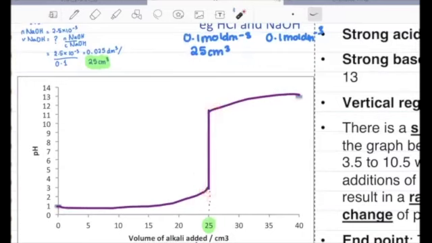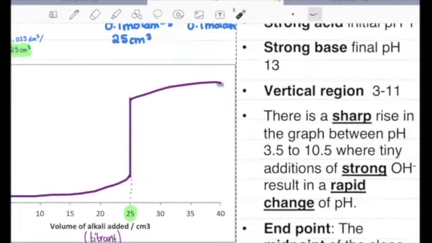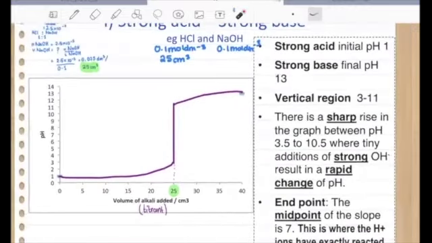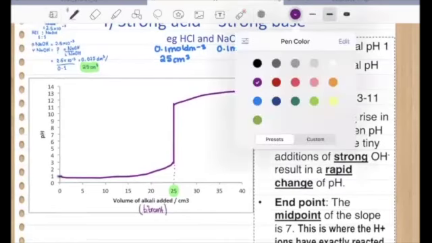Now, the equivalence point, as you all learned, is the midpoint between 3 and 11, the midpoint of the vertical region, and this happens to be pH 7.